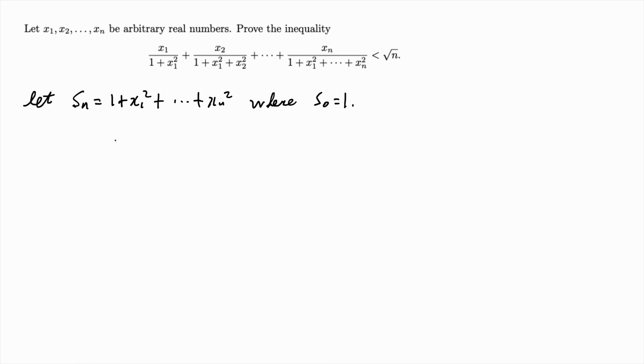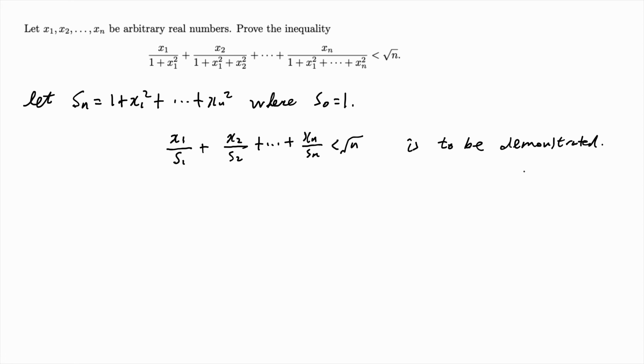So, rewriting the inequality, we need to prove that x sub 1 over s sub 1 plus x sub 2 over s sub 2 plus dot dot dot plus x sub n over s sub n is less than root n, to be demonstrated.